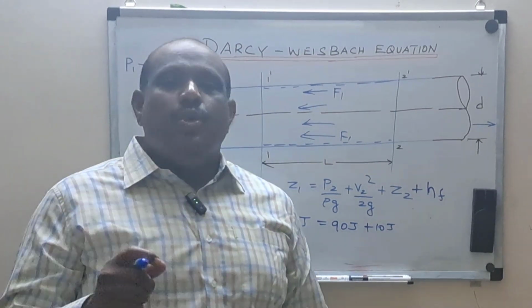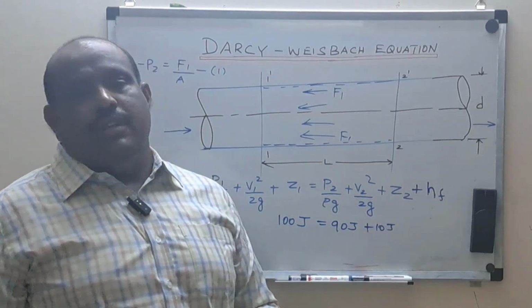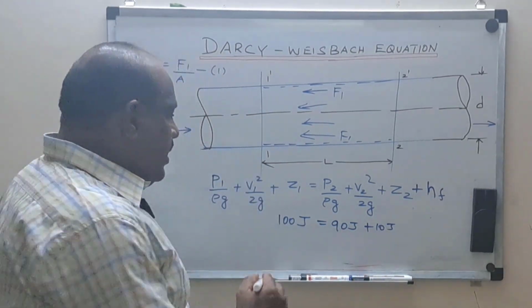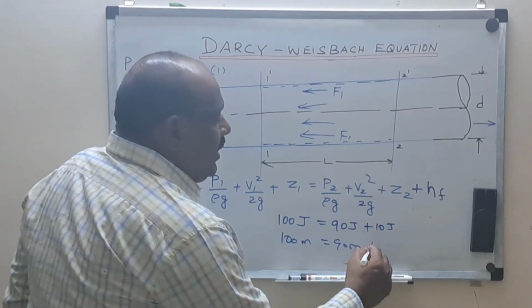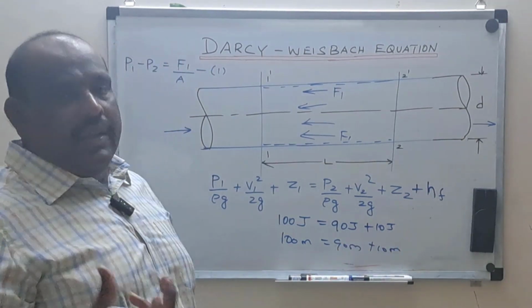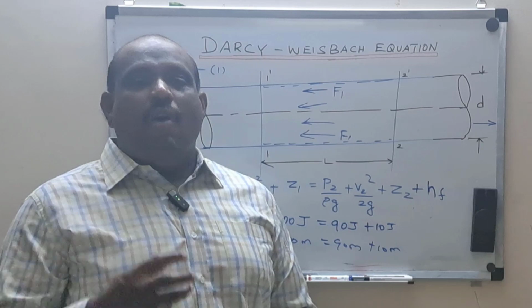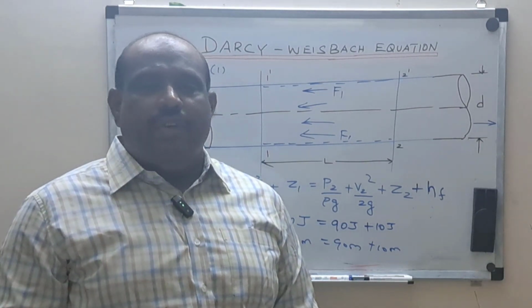The head lost due to friction. That 10 joules is nothing but HF. If you want to tell in meters, instead of 100 meters it is 90 meters only. So what happened to the 10 meters? The 10 meters of head has been lost because of friction. So our aim now is to find the value of HF.